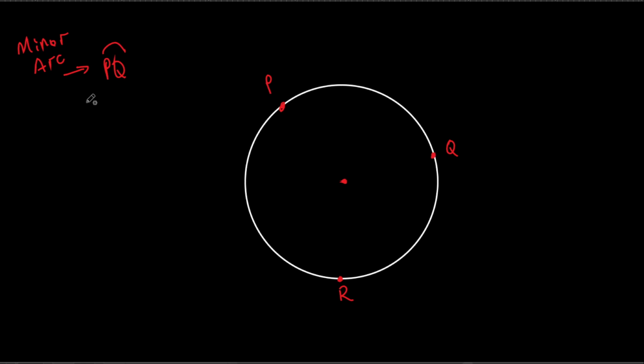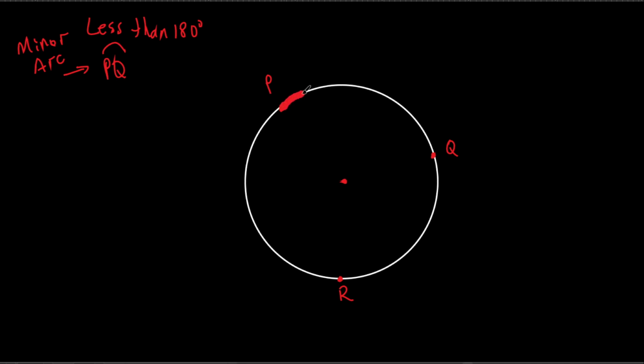So a minor arc would always be less than 180 degrees. I would not be talking about the arc from P all the way through R up to Q. So when I only use 2 letters, that means it's a minor arc. Are you following what I'm saying or not?